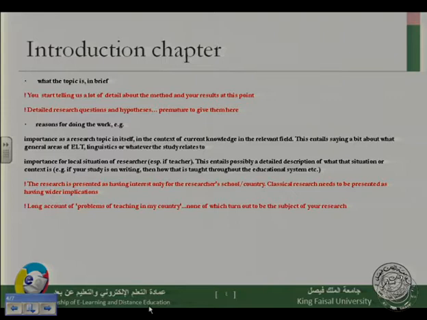Another mistake is a long account of problems of teaching in my country, none of which turn out to be the subject of your research. Let's go back to the example of language acquisition. You tell us about the teaching context in your school, and then you talk about all the problems in teaching.